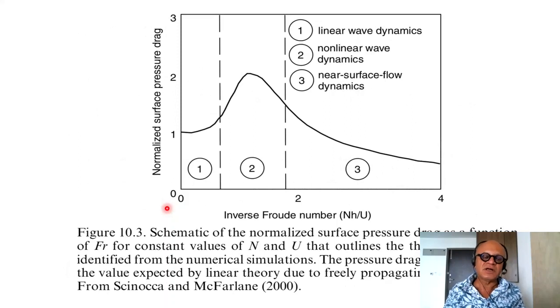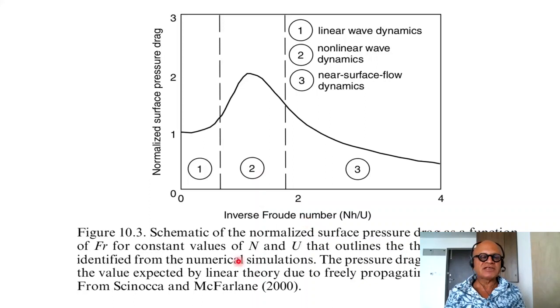So this is just a detailed schematic of normalized surface pressure drag as a function of Froude number for constant values of Brunt-Väisälä frequency, static stability, and U, the velocity, that outlines three flow regimes identified from numerical simulations. So there are large eddy simulations and so on, which are done to derive some of these parameters that are then translated into full models.